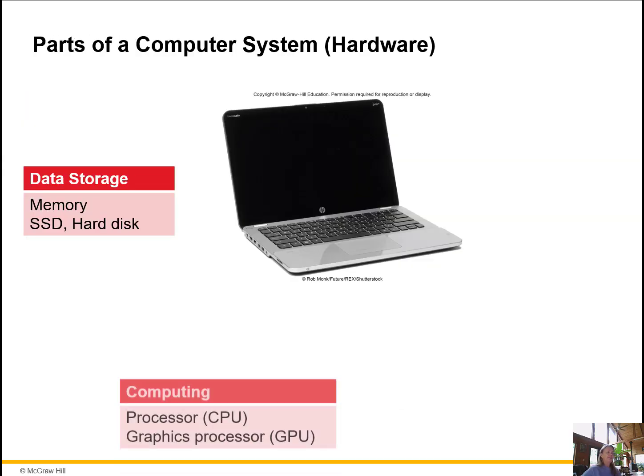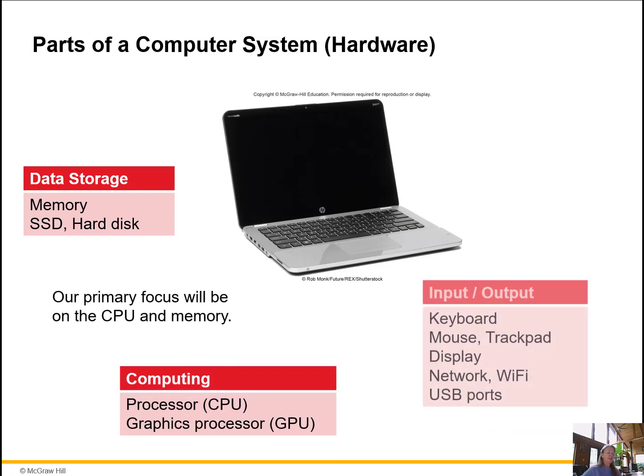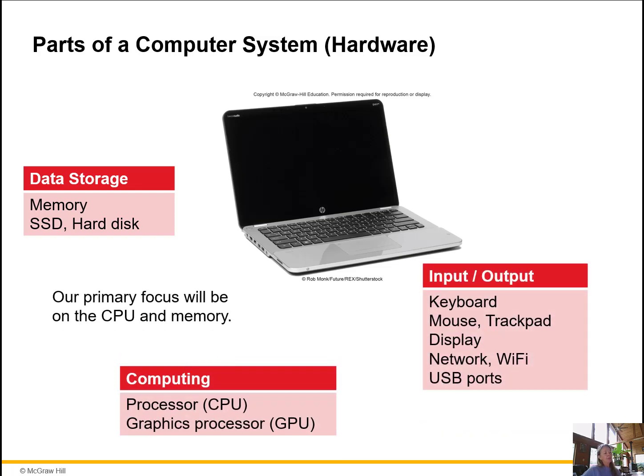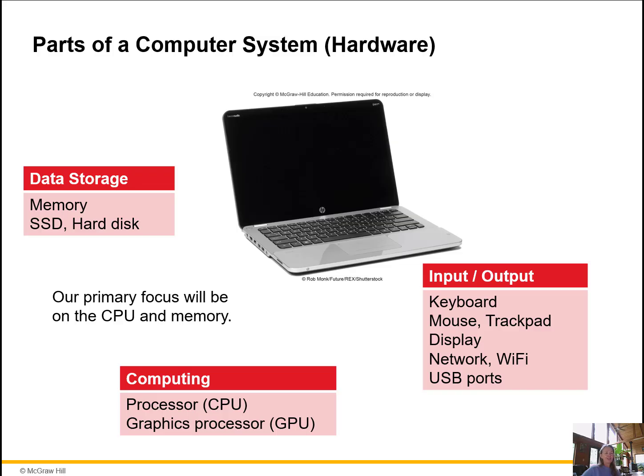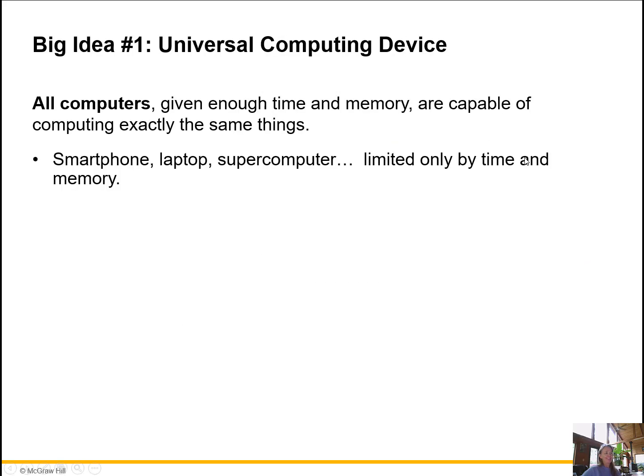We have three different parts of our computer. We have our computing part, this is the brain. We've got the data storage, which is our memory. And then, of course, we have all of the pieces that go along with that, such as your keyboard and your mouse and monitor, and whatnot.